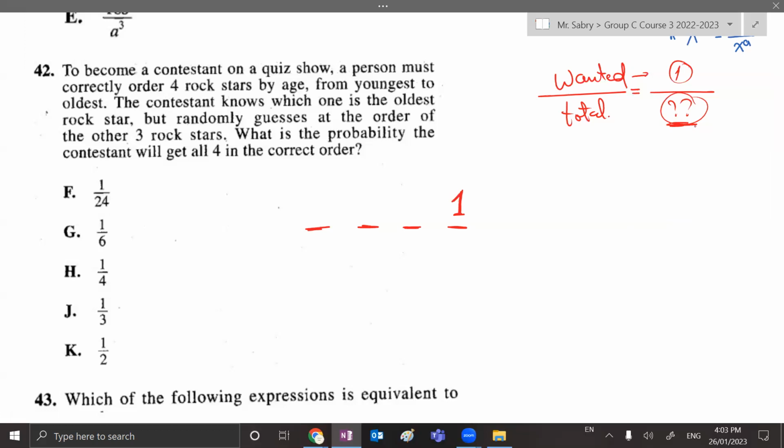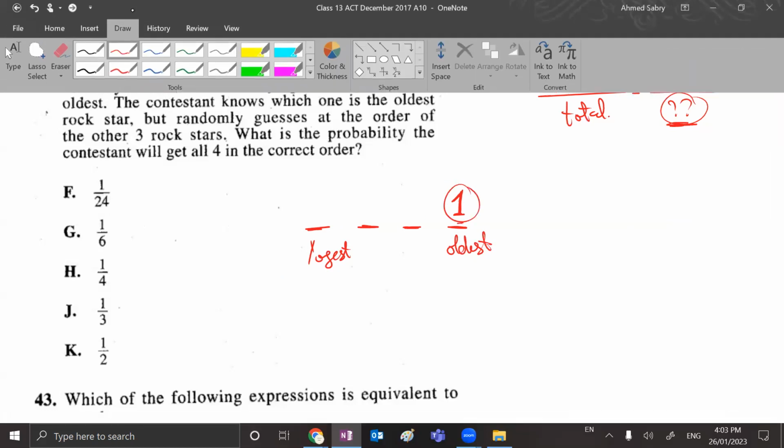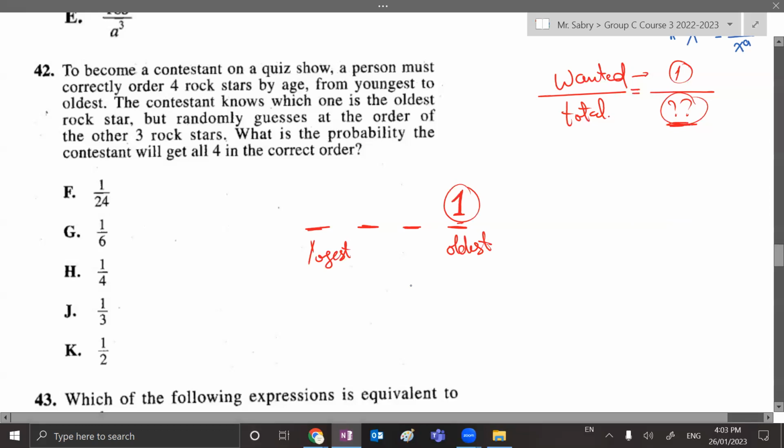We say we have 4 spaces. He's going to order them, as they said, from youngest to oldest. But they know who is the oldest. So we know that there's only one possible choice to put in the oldest space. But the other 3 spaces, for the youngest, I don't know which of them is the youngest.